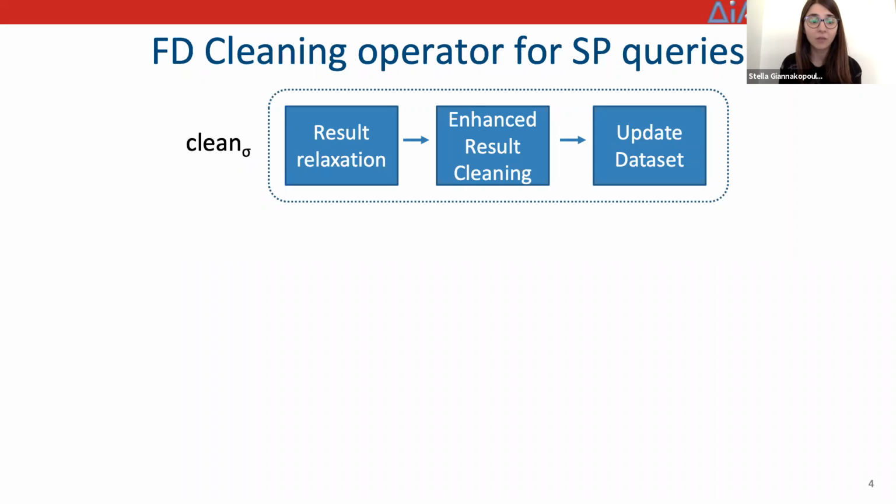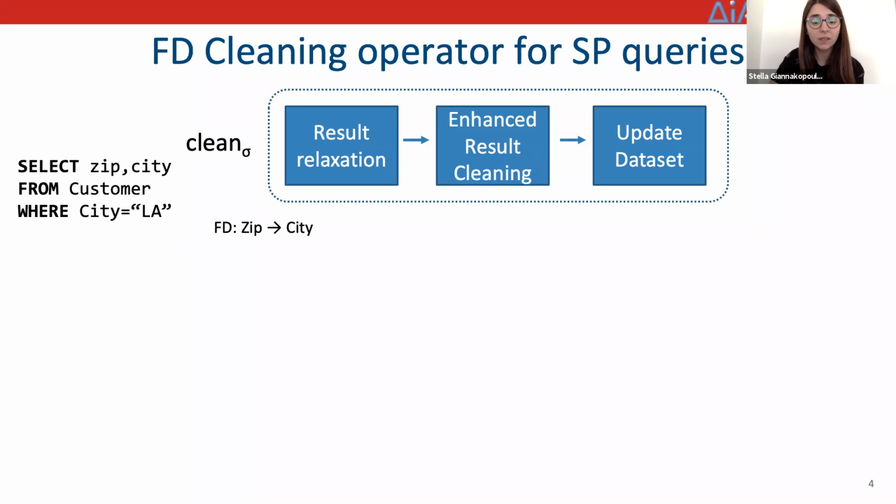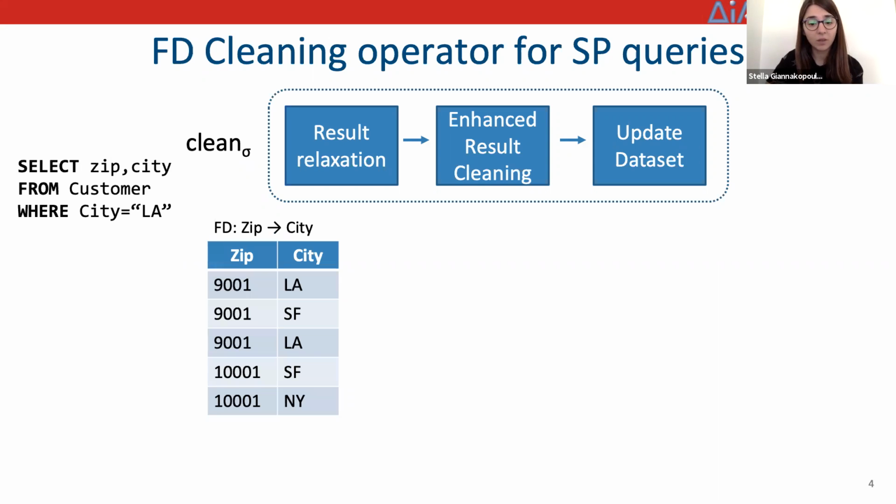And then after enhancing the result with the extra tuples, the clean select operator cleans the result and then updates the dataset with the probabilistic fixes. And therefore, based on this, we gradually transform the dataset into a probabilistic dataset. So let us now see how the clean select operator works through an example.